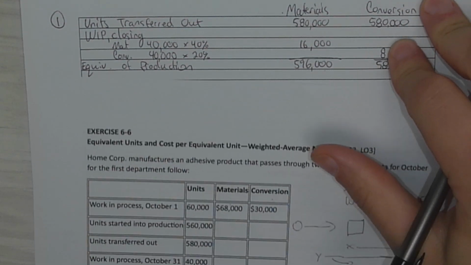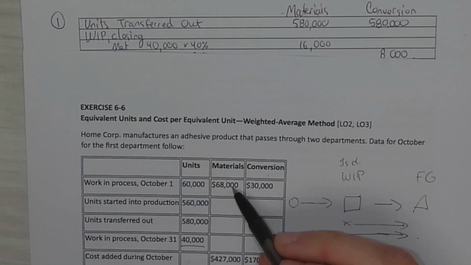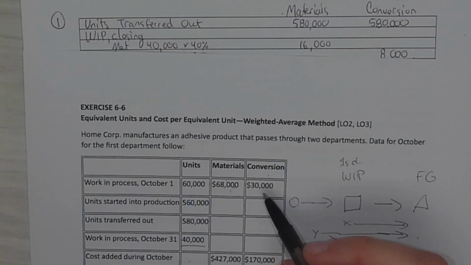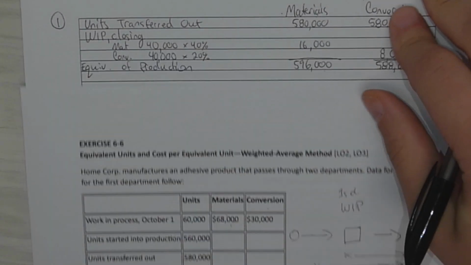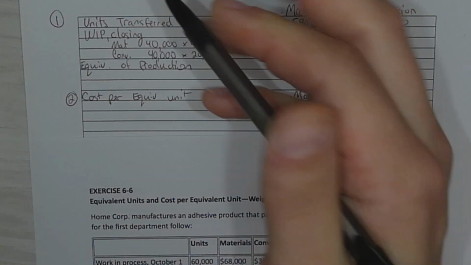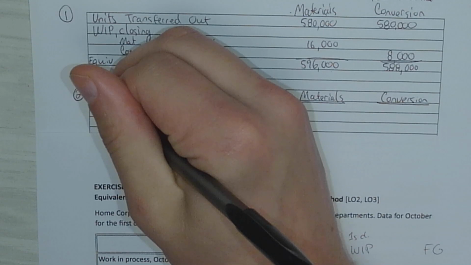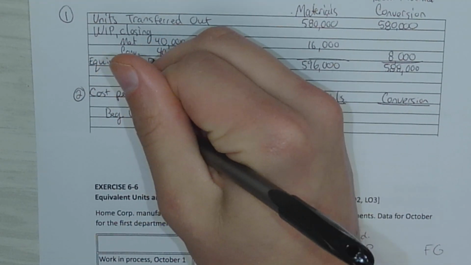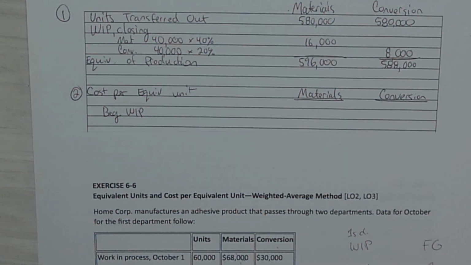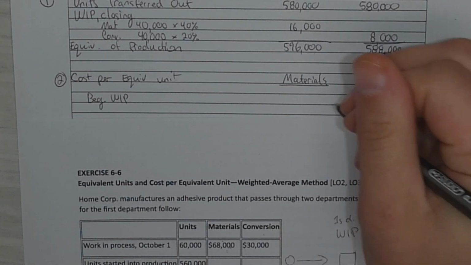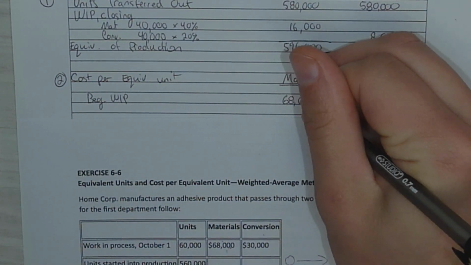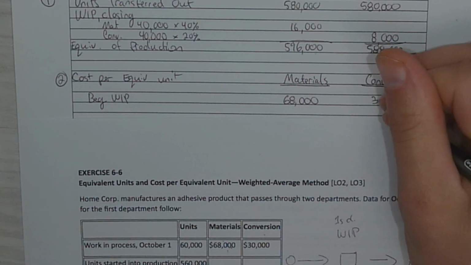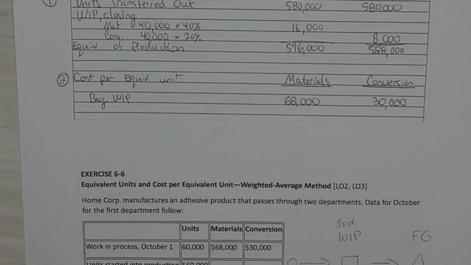What was our cost at the beginning work in process? 68,000 for materials, 30,000 for conversion. So this is our beginning WIP cost, 68,000, 30,000.